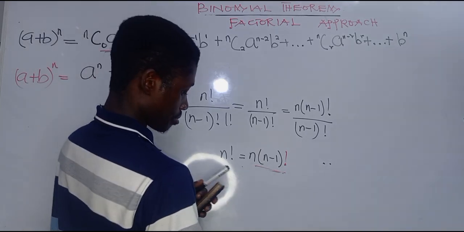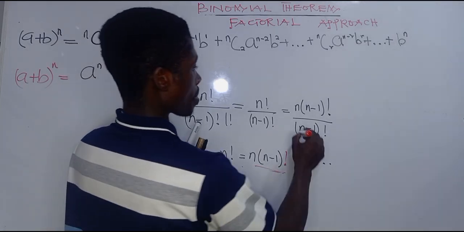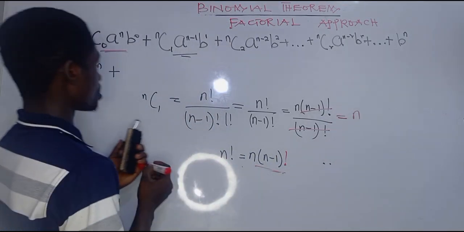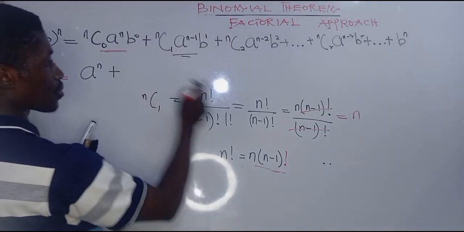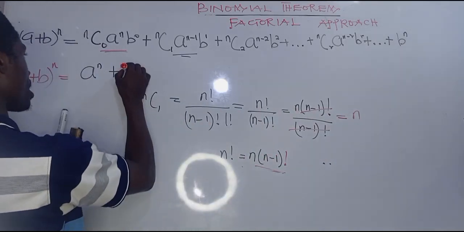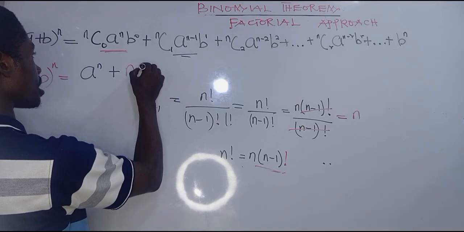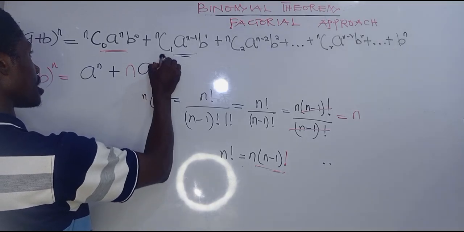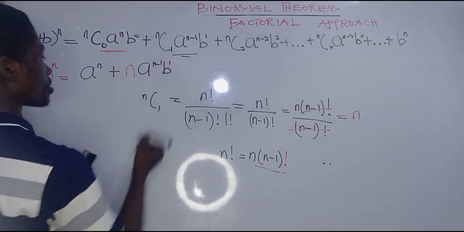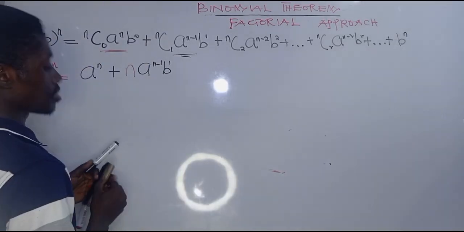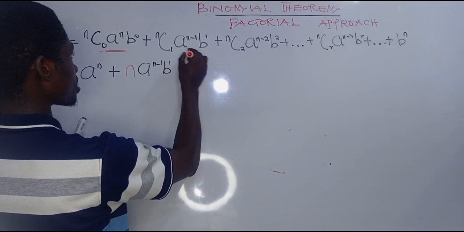Realize that this can cancel this, we are left with what? n. So it means that n combination 1, we are having what? n. So we have n, and then we add this part, we have a^(n minus 1) b^1. So we are done with this.